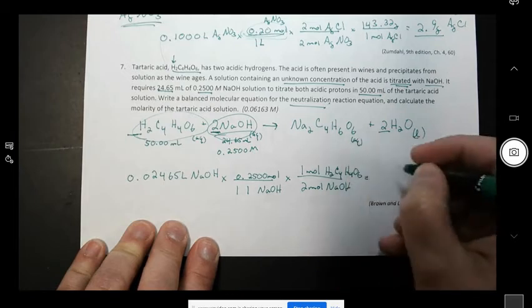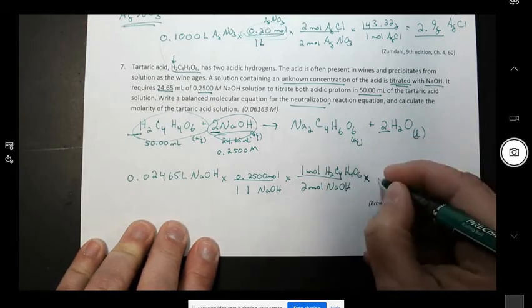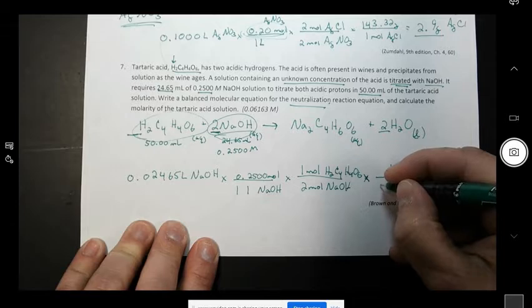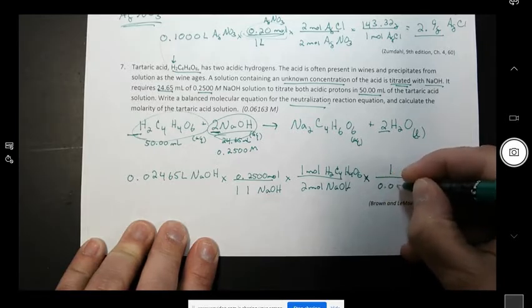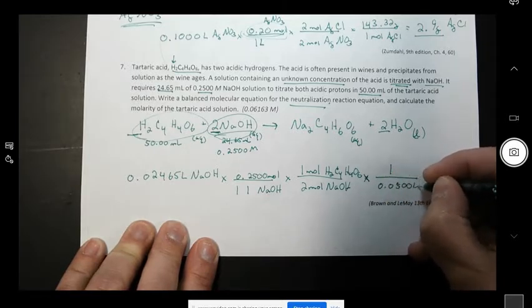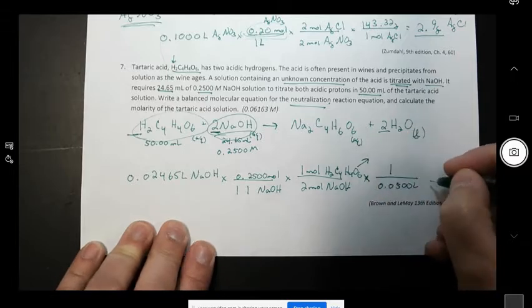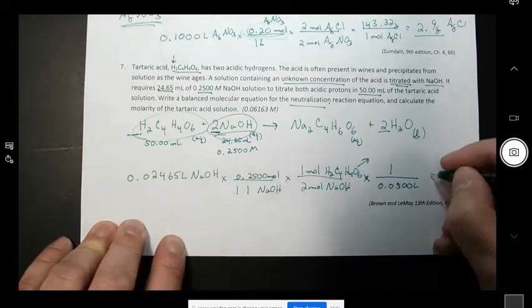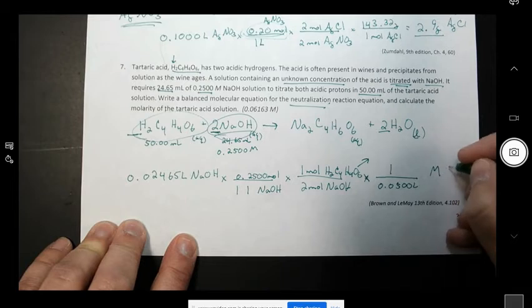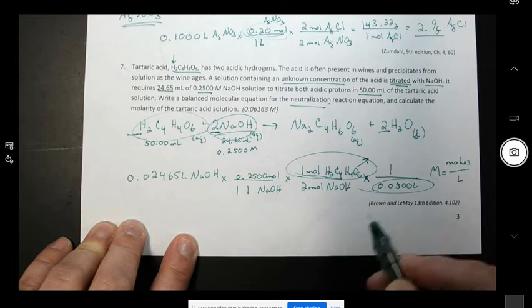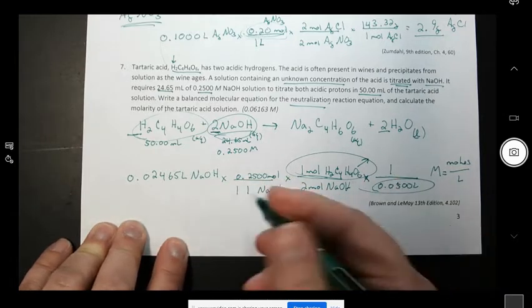I'm going to multiply that by 1 over the volume, 0.0500 liters, because whatever moles I have here, I'm just going to divide by volume. For molarity, I want my units to be moles per liter. So this is going to give me moles, this is my volume, and I'm just going to go ahead and divide right now.